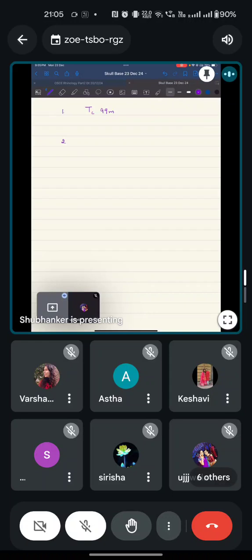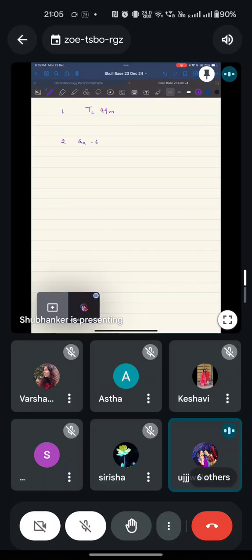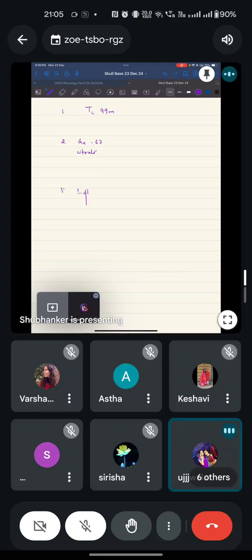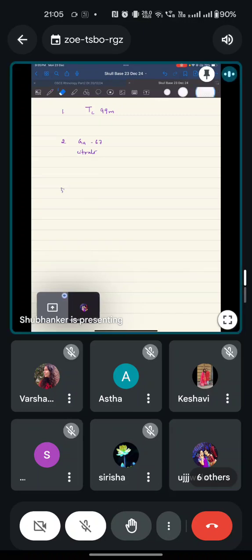Second is your gallium 67 citrate. Third is your indium 111. Yes, Dr. Saab has read everything about it. Indium 111 labeled leukocyte.